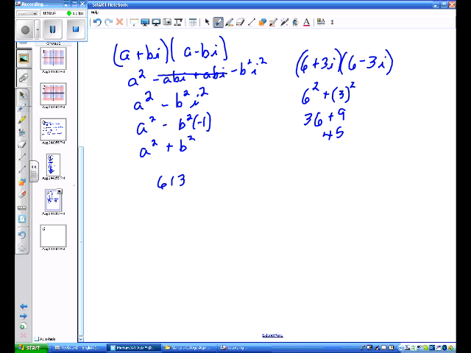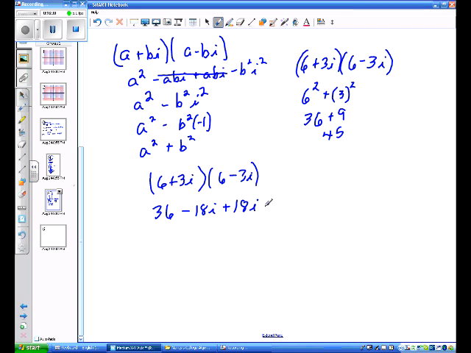6 plus 3i times 6 minus 3i. So we'll multiply our 6 times 6 would be 36. 6 times negative 3i would be negative 18i. 3i times 6 would be positive 18i.